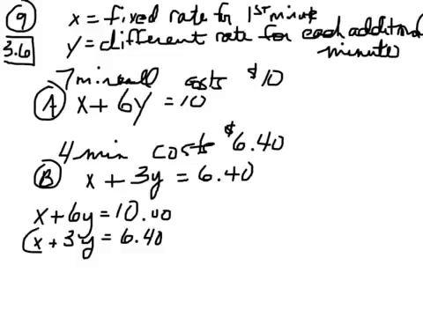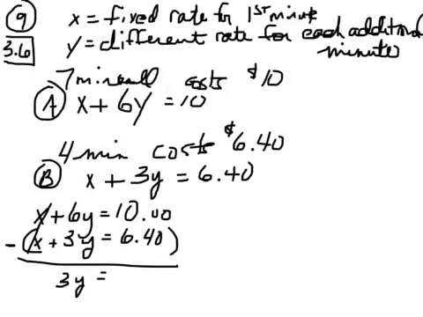So here's what I'm going to do. I'm going to subtract the second equation from the first one. Remember that when I subtract, I have to subtract every term in the second equation, not just the first term. So x minus x would cancel out and be 0. 6y minus 3y is 3y. And by the way, the reason this is working out so easily is you had an x and an x. Those are really easy to subtract, right? We didn't have to worry about getting the same number up front.